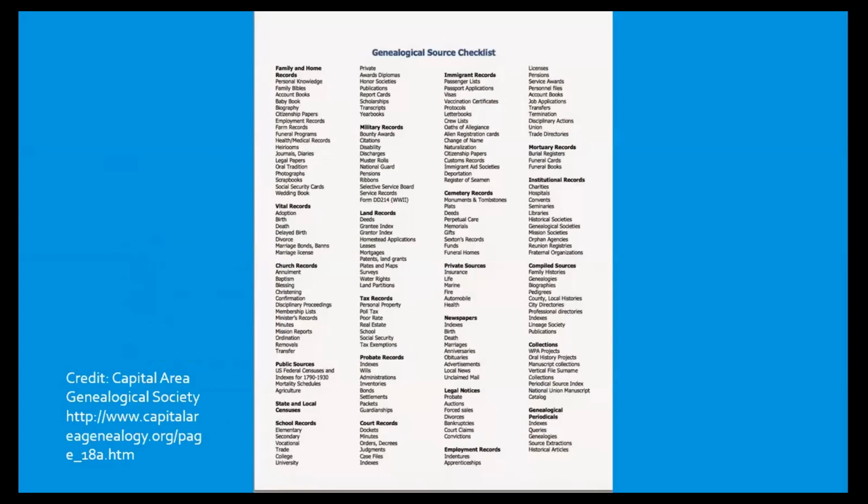There's got to be 75 different distinct types of records that you might find about an individual ancestor. So if ever you get really stuck and think that you have looked everywhere, get out a research checklist like this, and you'll get new ideas for new places to look.